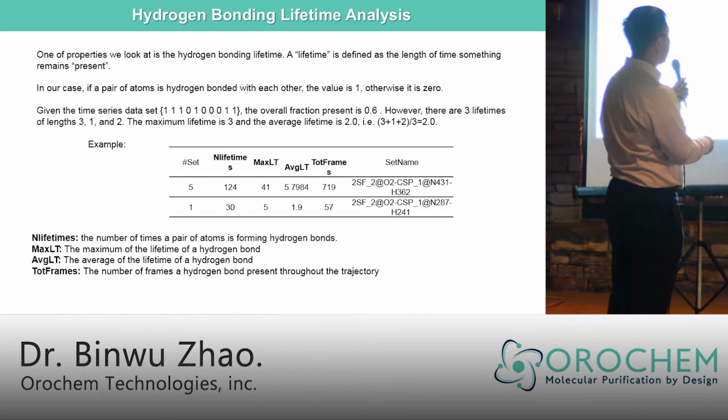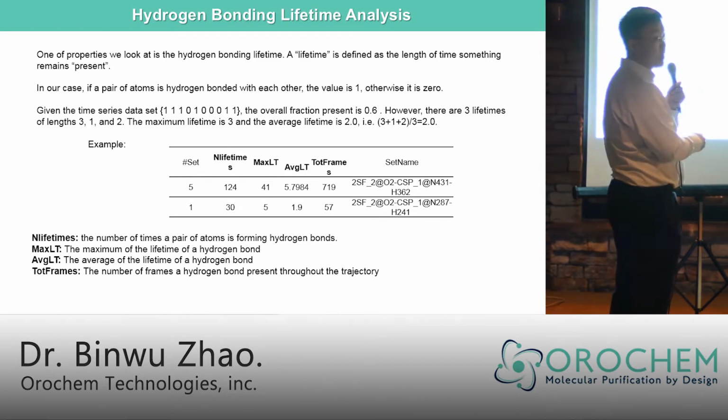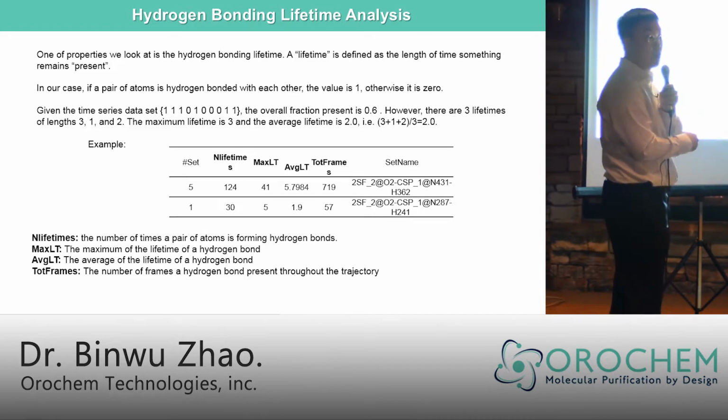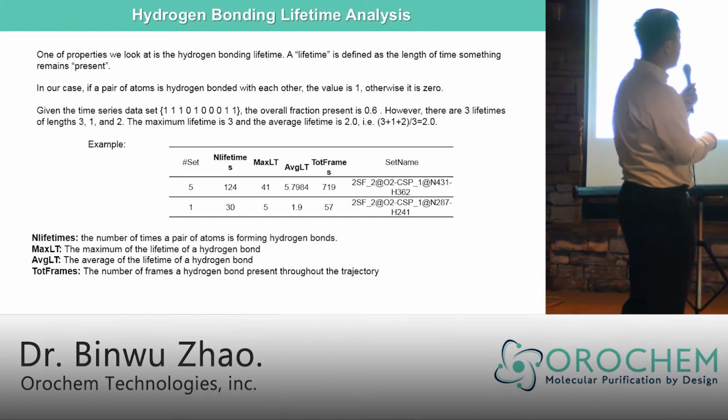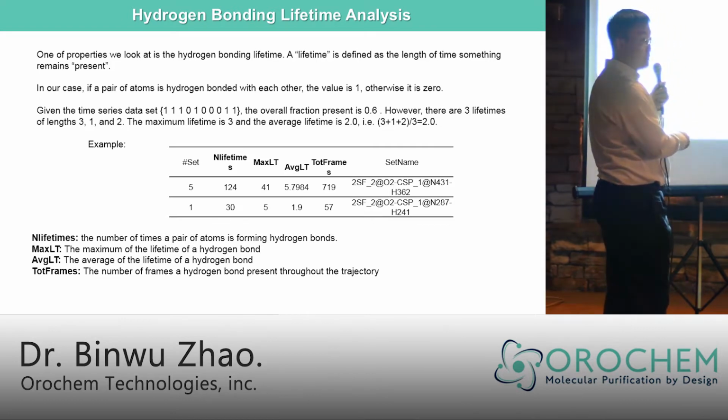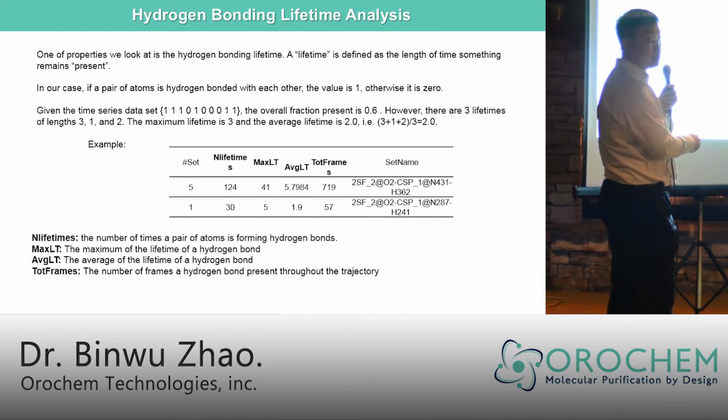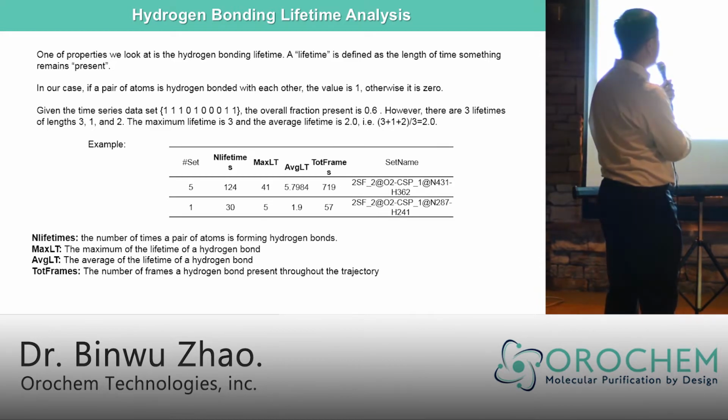So the overall fraction in this example is 0.6 because there are 6 frames out of 10 where they are forming the hydrogen bonds. And there are 3 lifetimes because the hydrogen bond formed 3 times in this trajectory. You have this 1, 1, 1, and here is 1, and here's 1, 1. So the length of each lifetime is 3, 1, and 2.